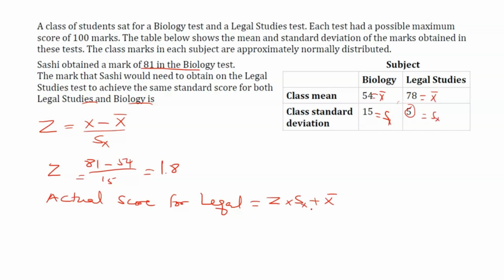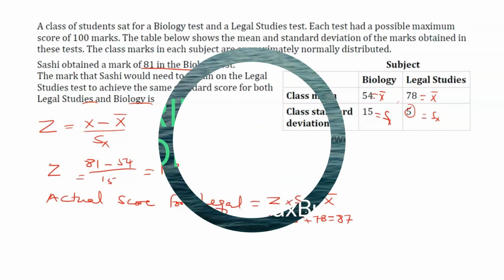So that's going to be 1.8 times 5 plus 78, which means she needs to get a score of 87. And that's it for normal distribution.